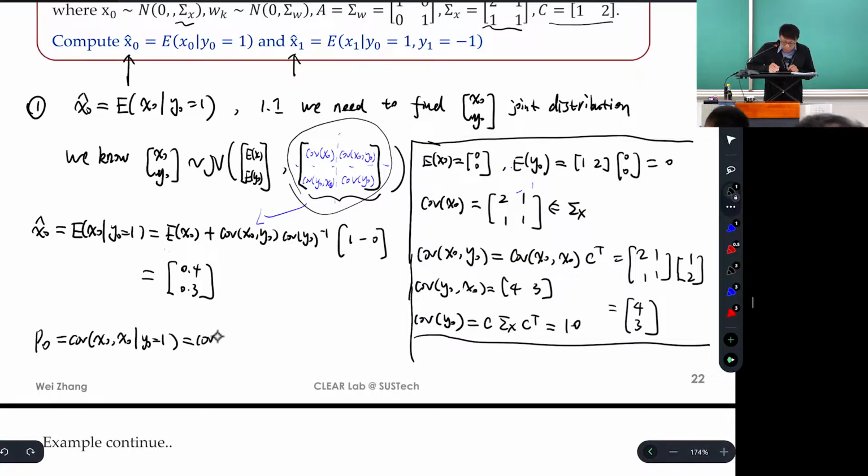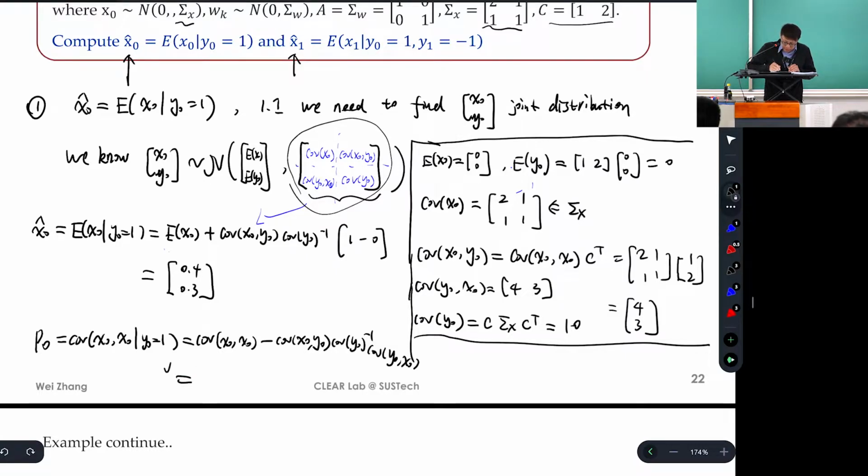We have the formula. The formula is the unconditional covariance, and once you see some related variable, the covariance changes. Minus the covariance of x0, y0 times covariance of y0 inverse times covariance of y0 with x0. And verify this yourself.